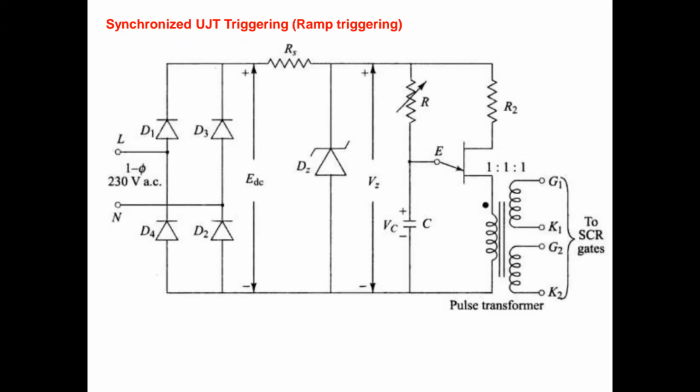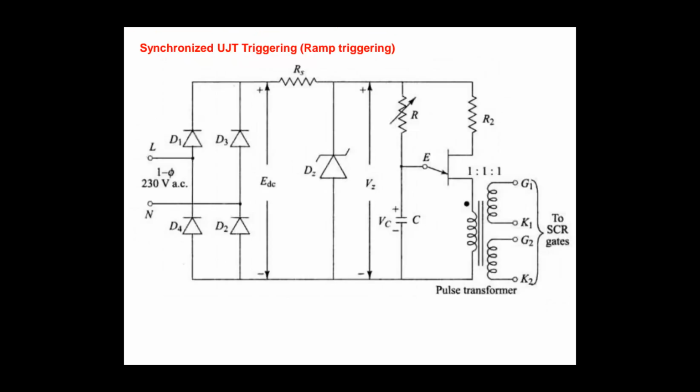So here in this circuit you can see D1 to D4. It is going to be a rectifier. We know this rectifier is converting the AC voltage into a DC voltage, the EDC that you are getting here.